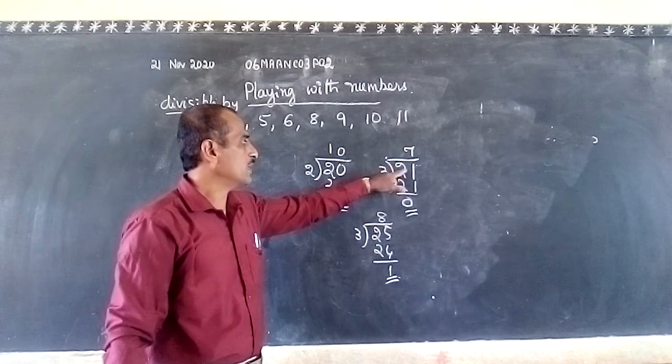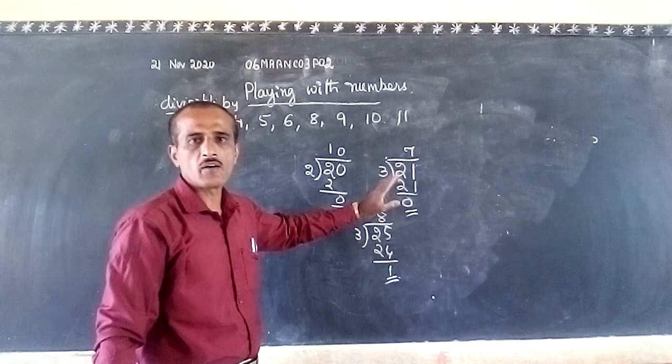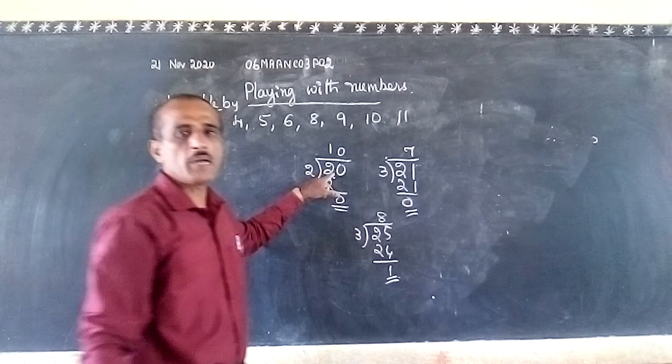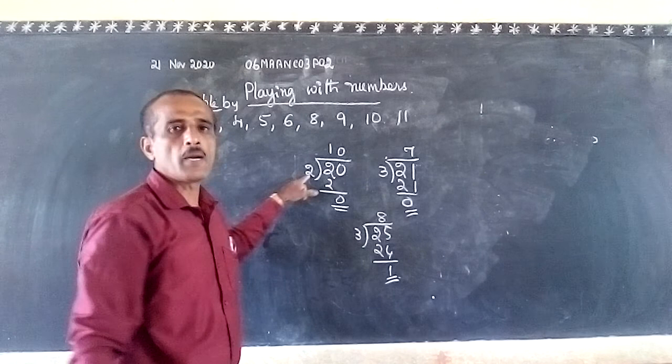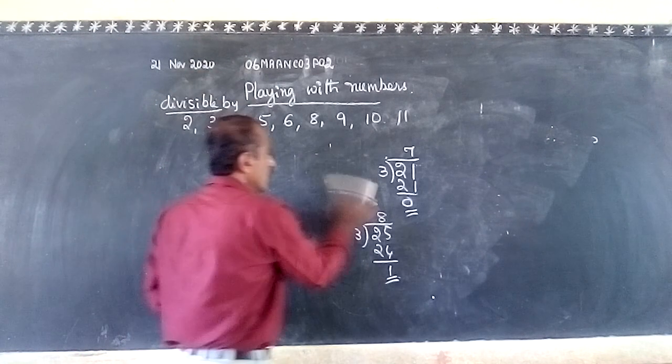Therefore, 21 is divisible by 3 completely, not leaving any residue or remainder. 20 can be divided by 2 completely. That is the meaning.